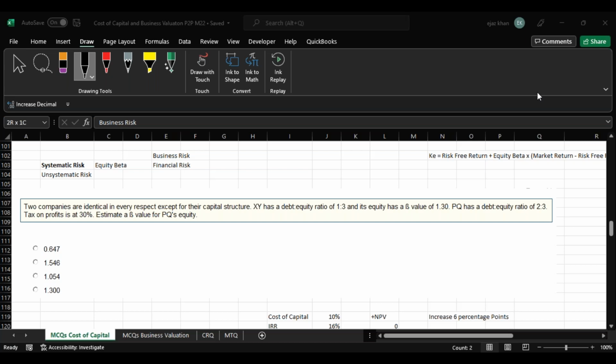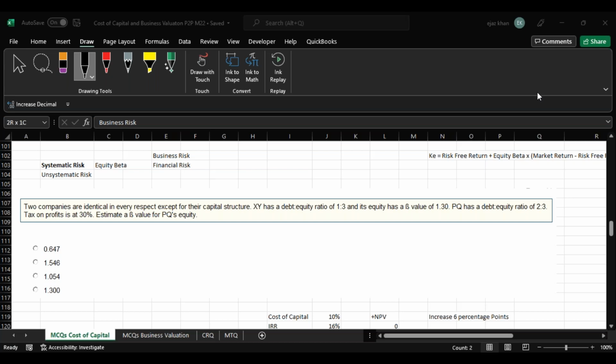Okay, none of you is wrong, but to make it simple, we can say that business risk is a risk that the business may fail to cover its operating costs, especially fixed costs.